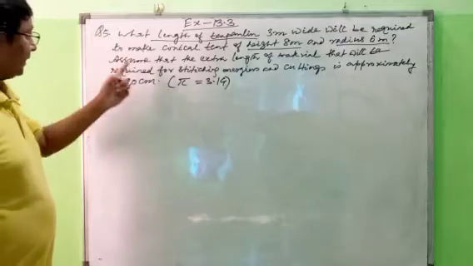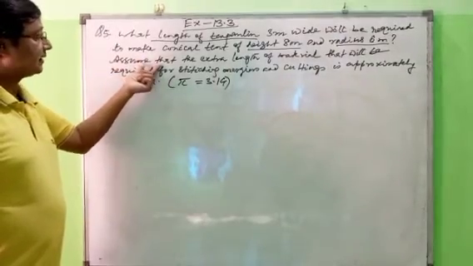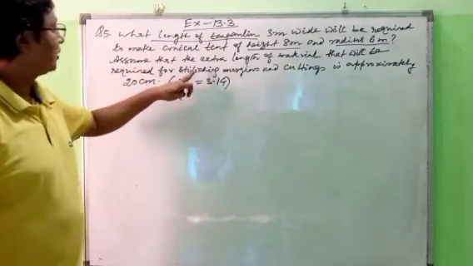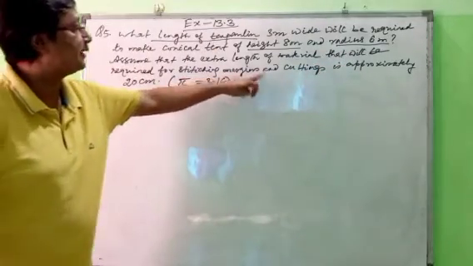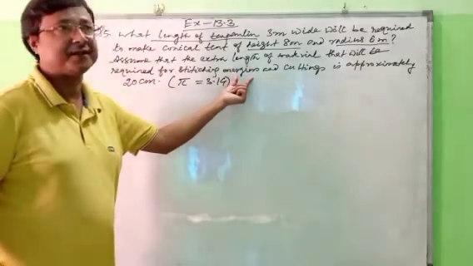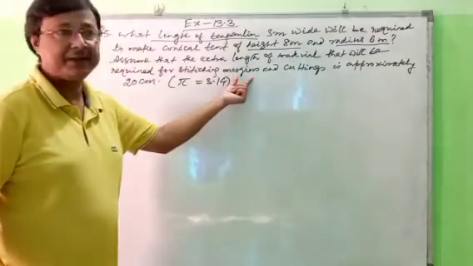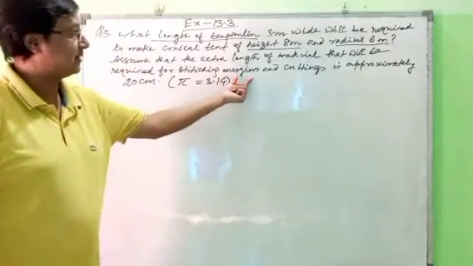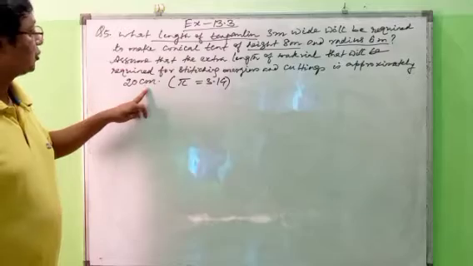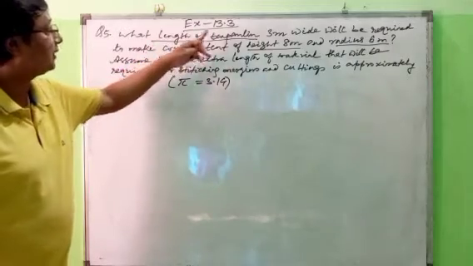Now assume that the extra length of material will be used for stitching margins and cuttings. So they will use some extra length of the tarpaulin cloth. That one they will cut due to some adjustments, and that length is given as 20 centimeter.